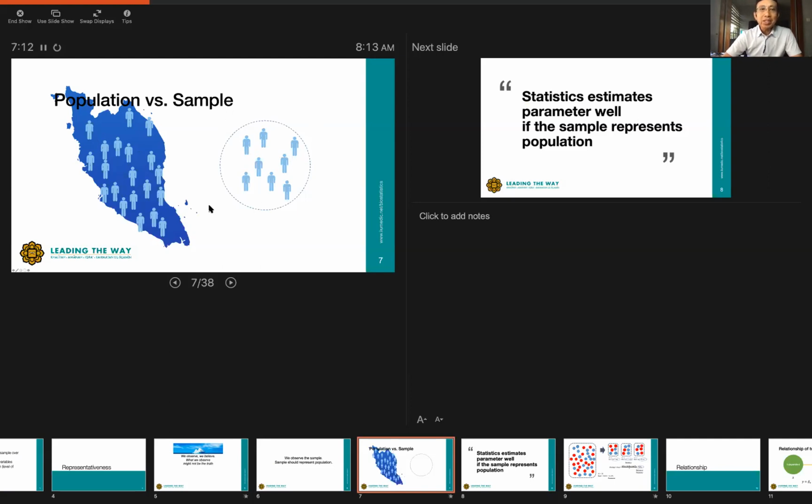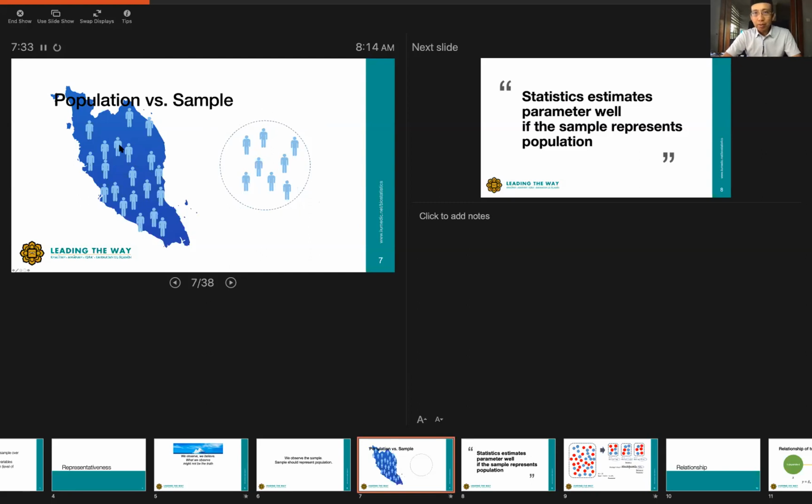In Malaysia so far, the latest NHMS, what we obtain is a value meant for the sample, but we infer the value to the whole Malaysian population. Do we know whether the estimate we obtain from our sample is representative of the population?